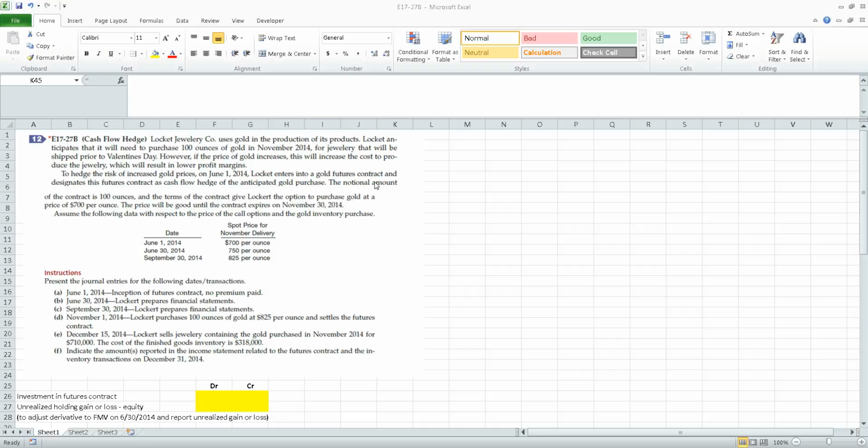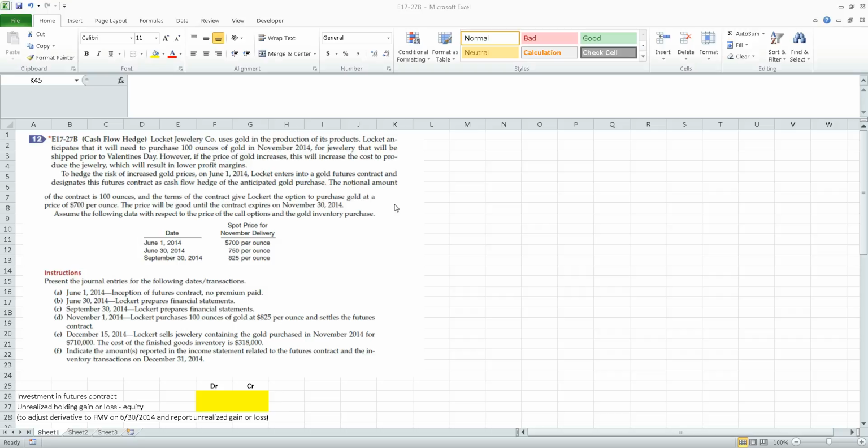Okay, so the notional amount of the contract is 100 ounces. And the term of this futures contract gives Lockett, the jewelry company, the option to purchase the gold at a price of $700 per ounce. This opportunity to purchase gold will be open until November 30th, 2014.